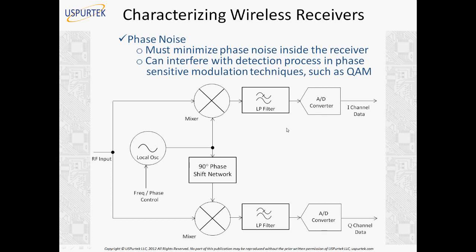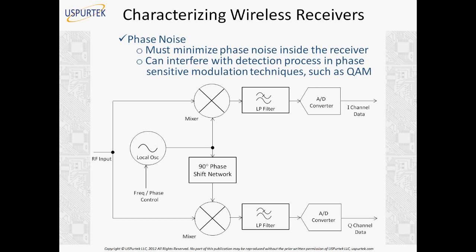They are very phase sensitive. There is a limit to how much phase drift they can support. So phase noise is also a very important characteristic here. We have to know how much phase noise our receiver can tolerate. It can interfere with the detection process in phase sensitive modulation techniques such as quadrature amplitude modulation.